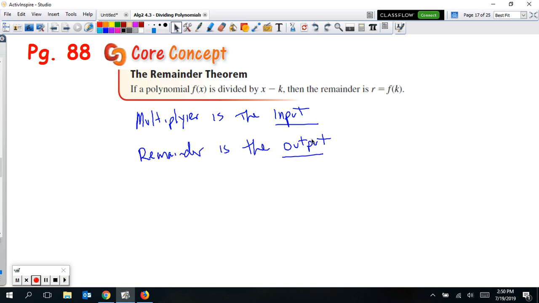And that's what we're looking for. It's going to just say, find the remainder. What is the remainder? And that's all it's going to ask for. So we can find that by plugging our multiplier number into the function, and our output will be the remainder. Just go ahead and write that down on page 88, right underneath this core concept. You probably wrote down some problems there from the beginning, but you might have some space still to write this down.